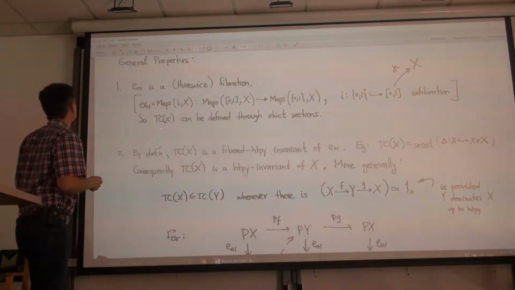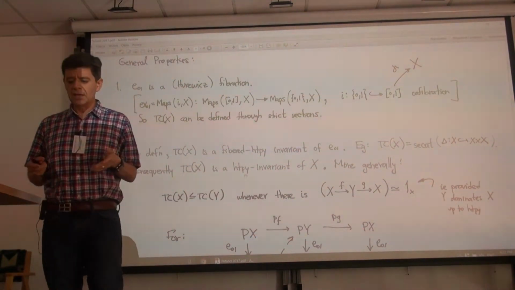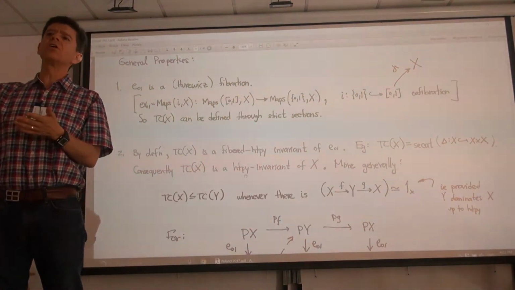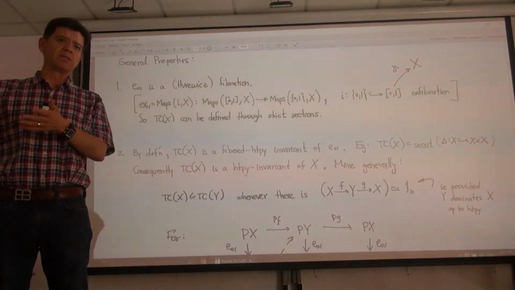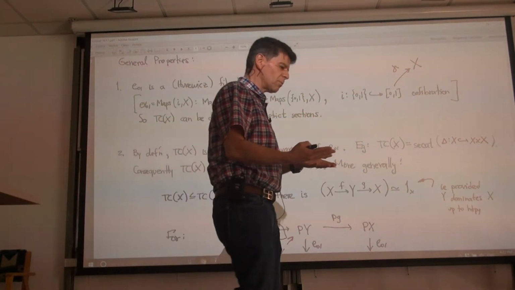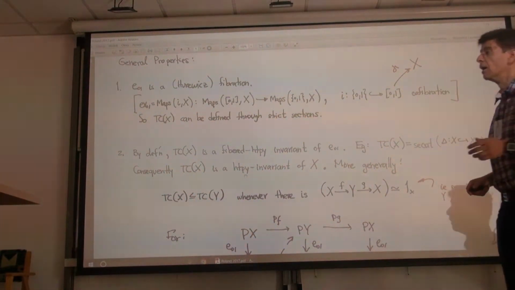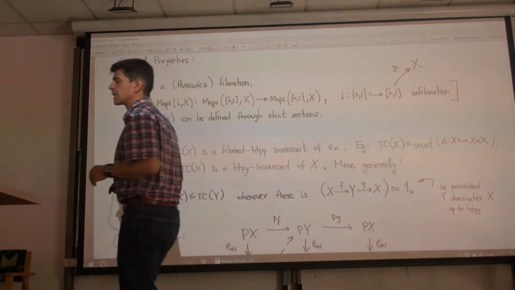The point of mentioning that is that you can define the topological complexity in terms of local sections, not up to homotopy, but strict sections. Because if you have a homotopy section, because of the homotopy lifting property of fibrations, you can just fix it to get an honest section.